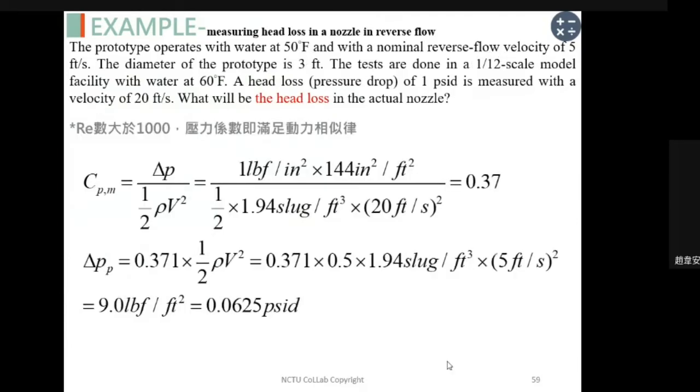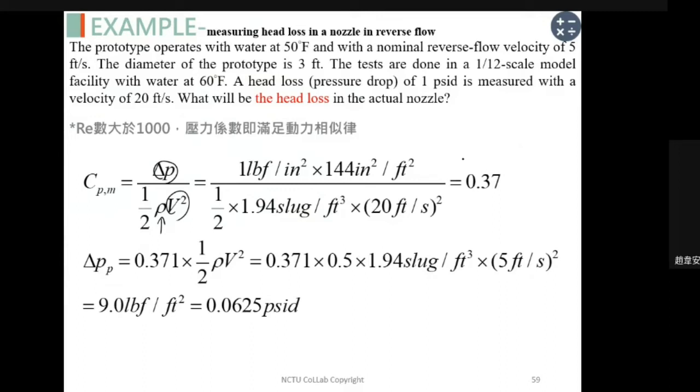So again, when we go back to our problem, we need to answer the head loss in the actual nozzles. So we compute the pressure coefficient for the model first. We know the delta P provided here is 1 psi, and we know the velocities and the densities.